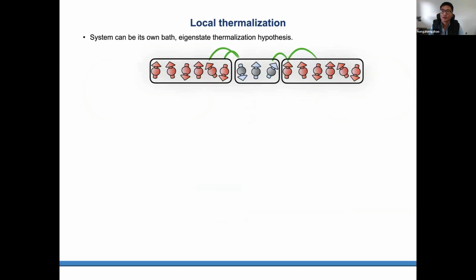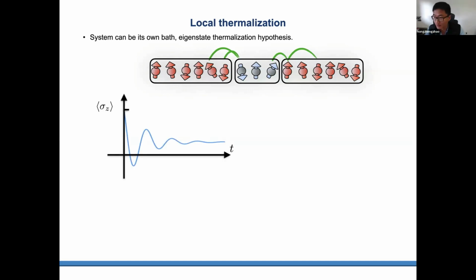But later, people gradually understood this phenomenon and developed the concept of local thermalization. Basically, if you only look at a small subregion of a many-body system, the rest of the system can act as its own bath, and they can exchange energy and also information.